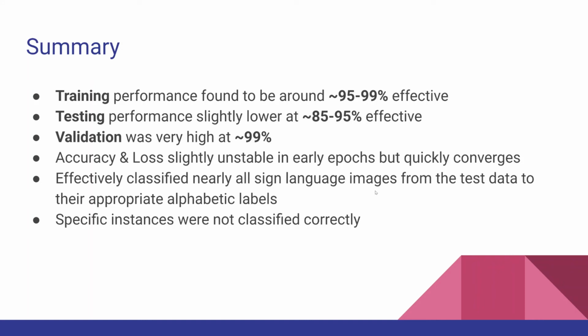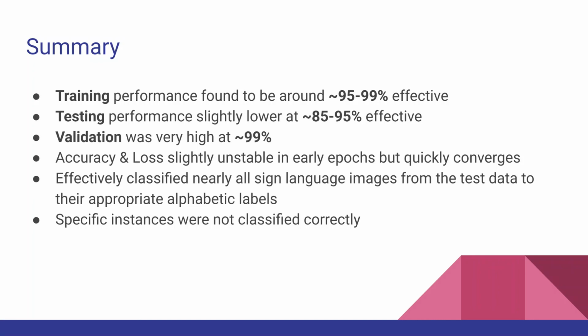So in summary, the training performance was around 95 to 99% effective. The testing performance was slightly lower at 85 to 95%. Validation was usually quite high at 99%. The accuracy and loss along the way was slightly unstable in early epochs, but it quickly converged.